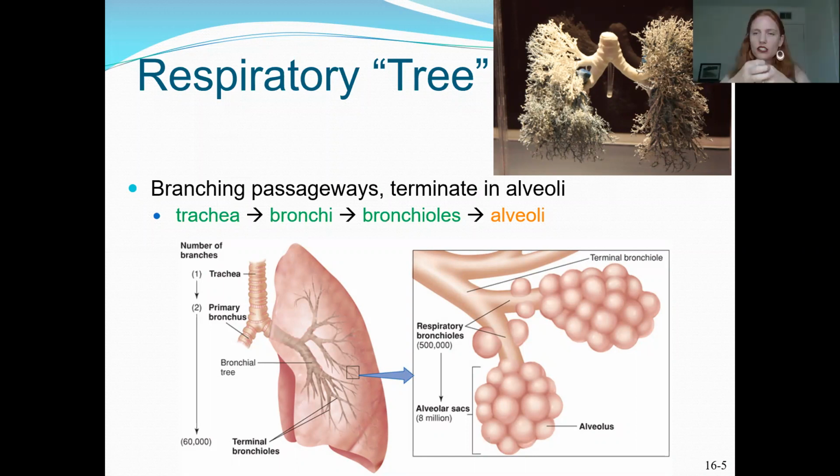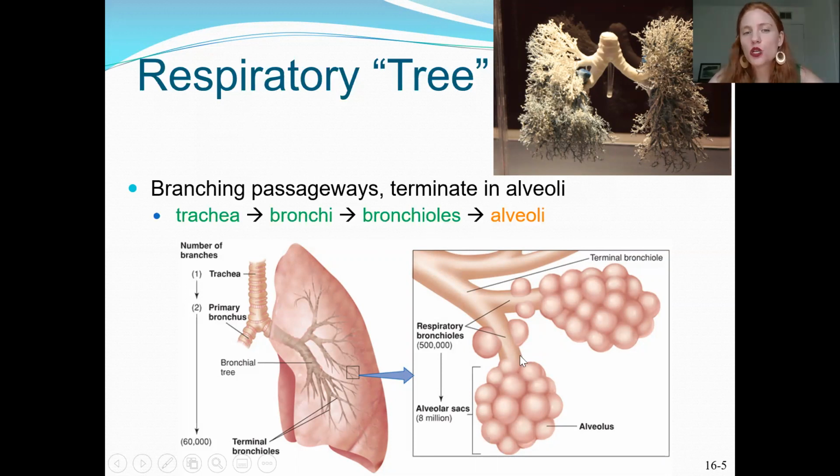So you start with the trachea. The trachea is going to split into the bronchi. So you go from trachea to primary bronchi to secondary bronchi to tertiary bronchi, and then they're going to become bronchioles. I'm going to talk about the difference between those in a second.